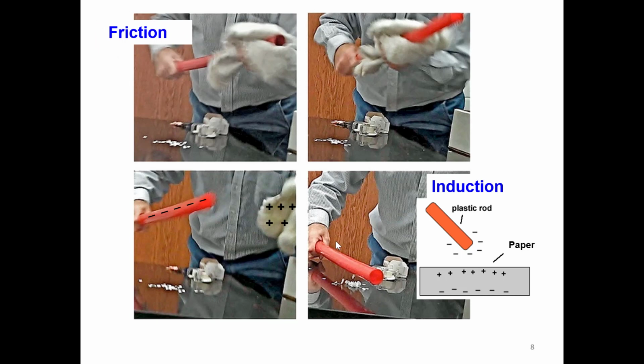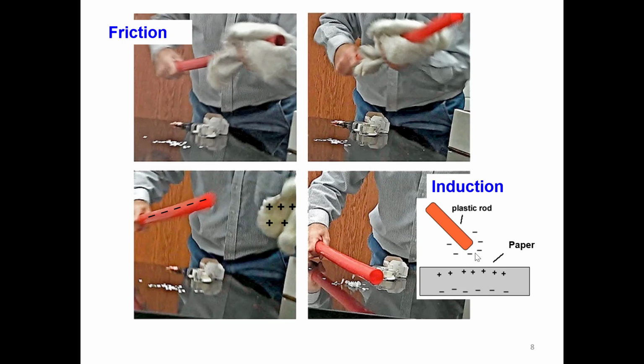But now what happens if he brings the tube closer to the papers? When the person brings the tube closer to the papers, because the tube is charged negatively, that induces a reorganization of the charge in the paper. Because the positive charge is attracted by the negative charge on the tube, the charge in the paper is rearranged in this way.